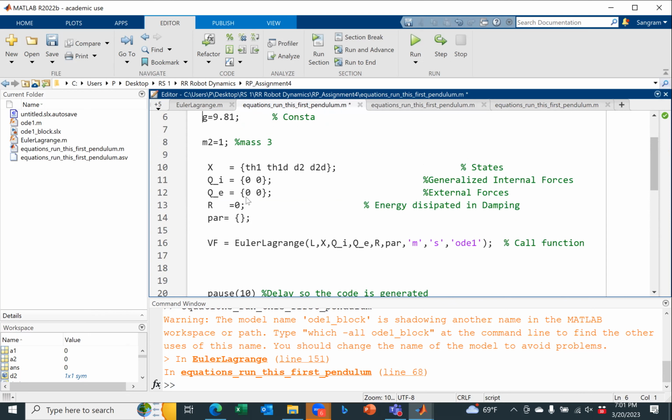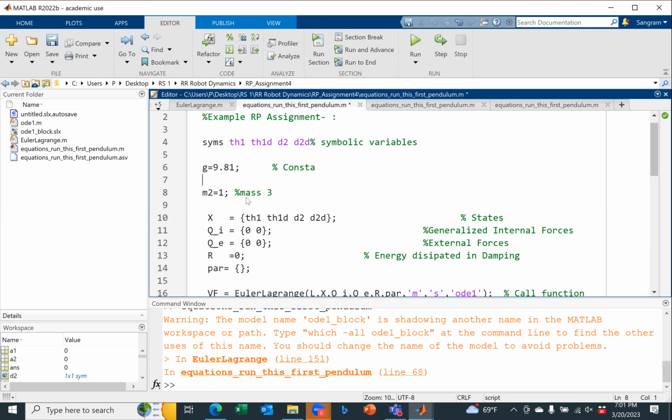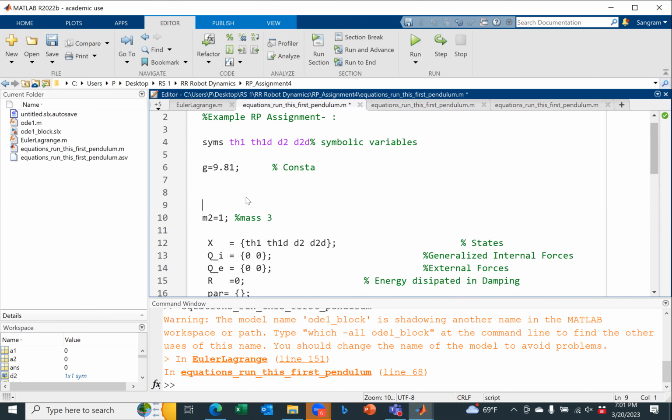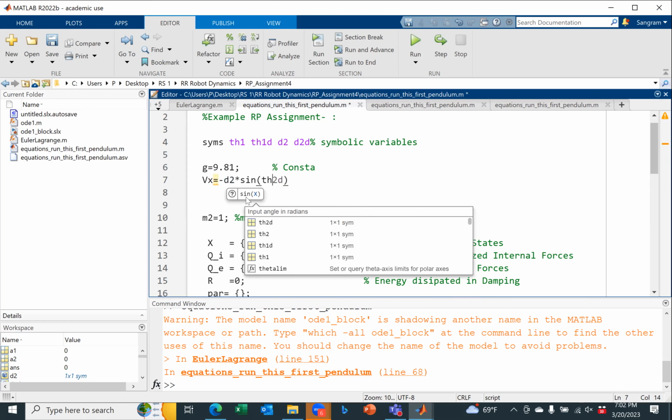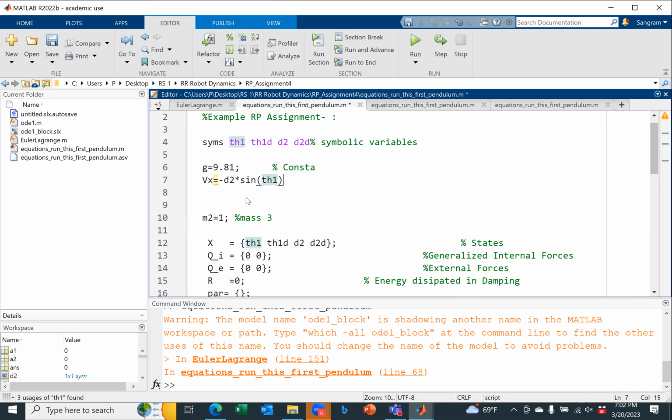So let's program this. What I need to do is find out the Vx. Vx is equal to minus d2 multiplied by sine theta 1, theta 1d, right?